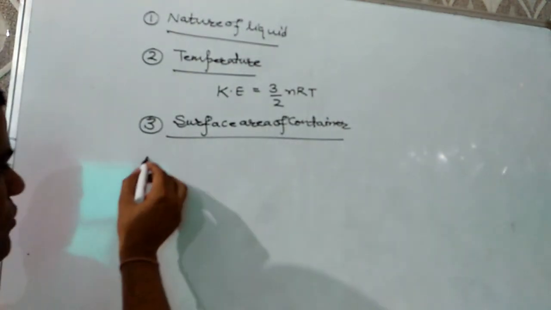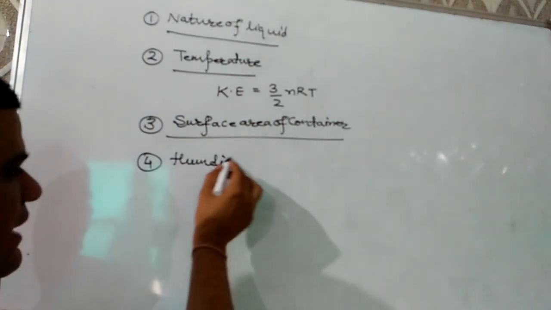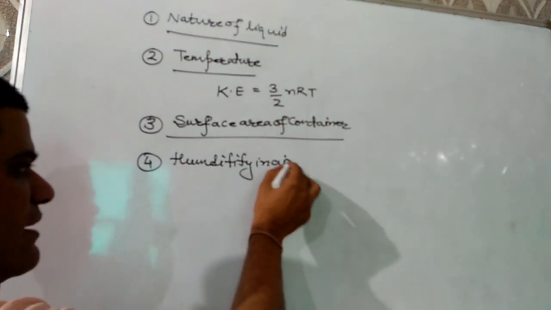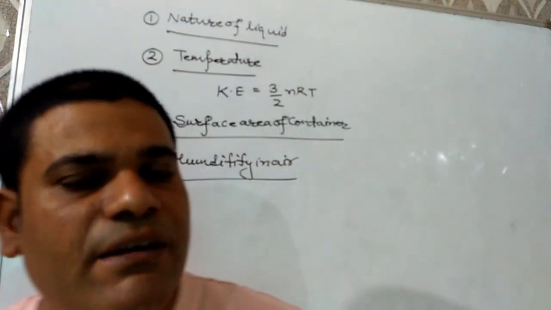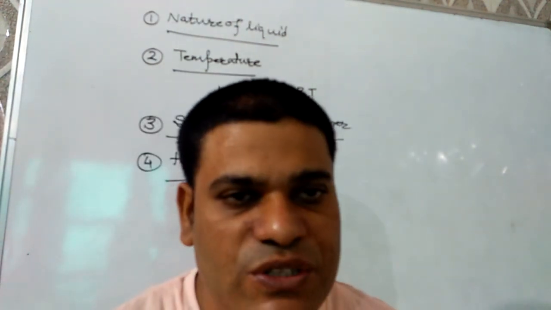And the fourth factor is the humidity in air. Humidity means the amount of water vapors in the atmosphere.